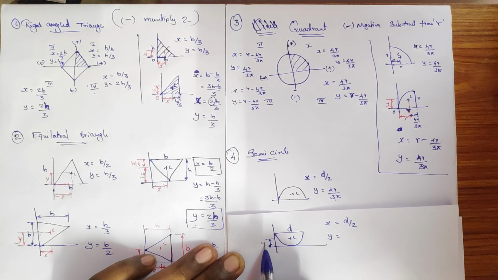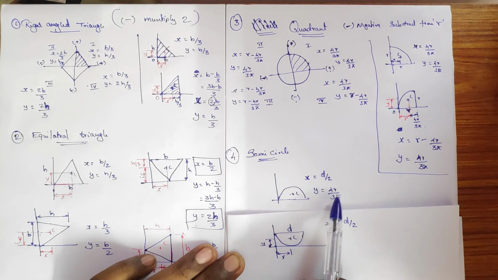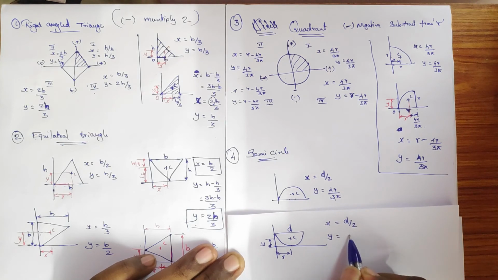This is the y. Here it is x, which is already found. So here we know the y from the base to the c is 4r by 3 pi. So in order to specify from this top end to the c, what we can do is r minus 4r divided by 3 pi.